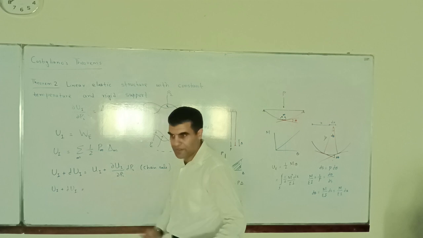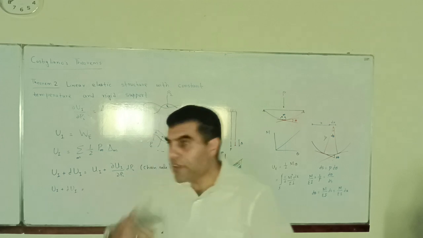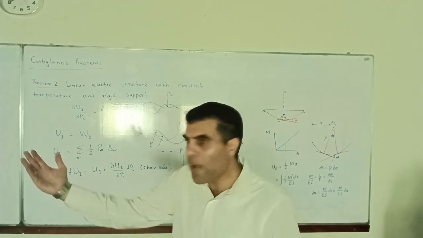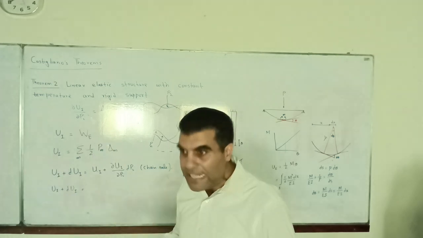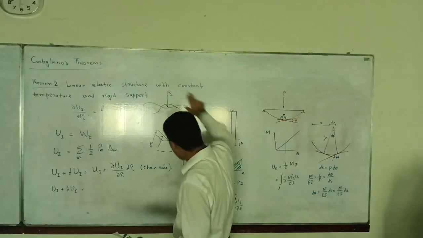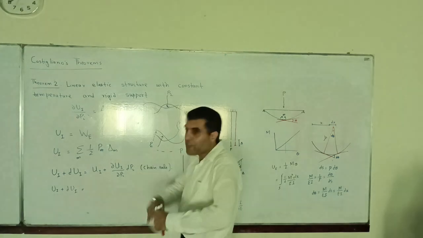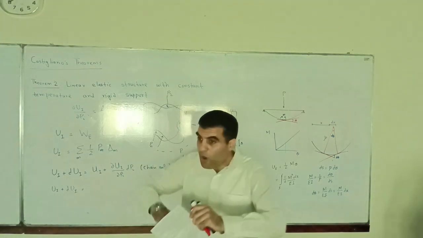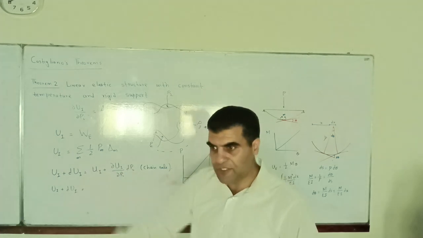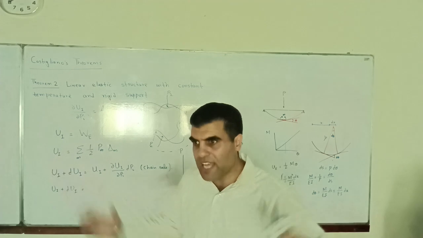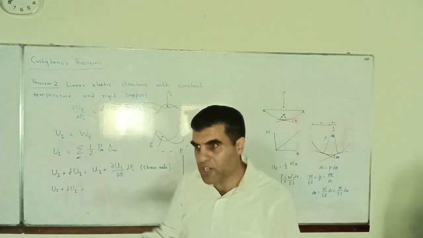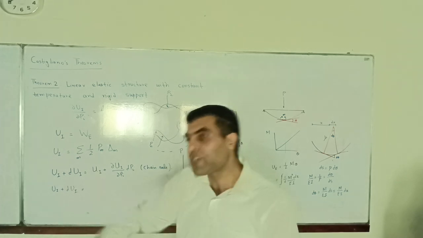No, they can be different. The load is variable in that sense, because the load can have any value from 0 to anything, and there can be any set of values. So the number of loads is also different, because we want to develop a general equation. We don't want to say that I want just one particular beam which is this much length long and which is subjected to 5 kilonewton load, and that's it. No, I want a general equation. That's why in that sense my P is variable.